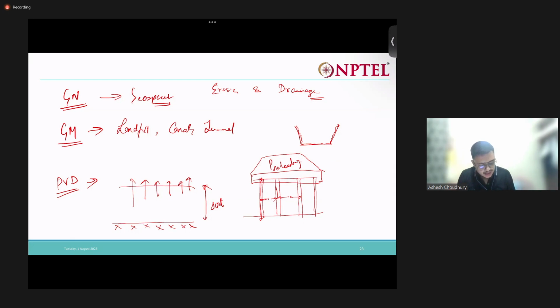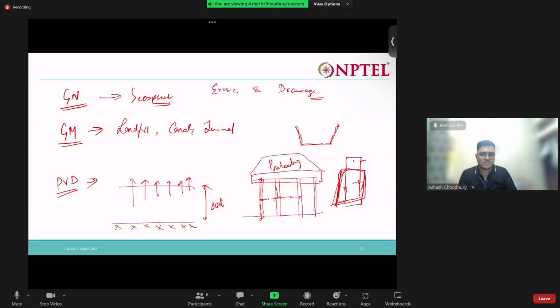These are highly permeable. There is one outer cover, and inside that there is some core. The outer cover allows only the water to pass through it. It acts as a filter, it does not allow the soil to pass through it. So the water will come here, it will come to the core, and it will seep out along the core.